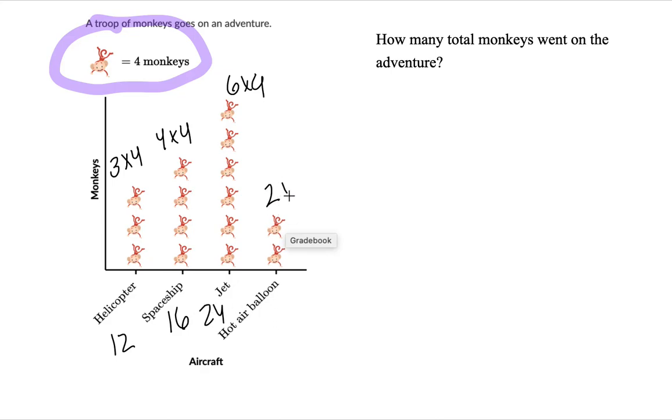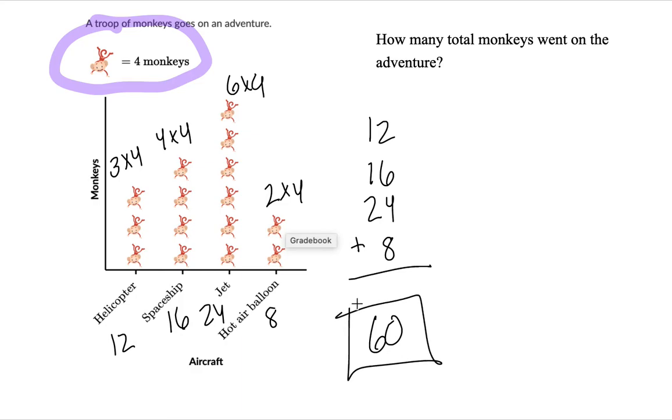And 2 times 4 is 8. So I'll add these totals together. And we have 60 monkeys.